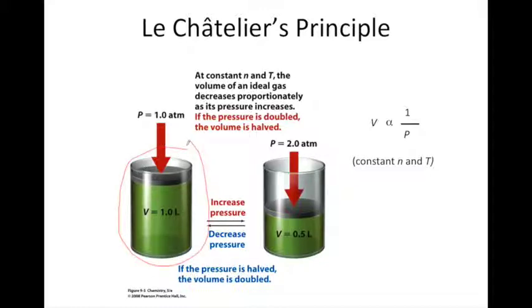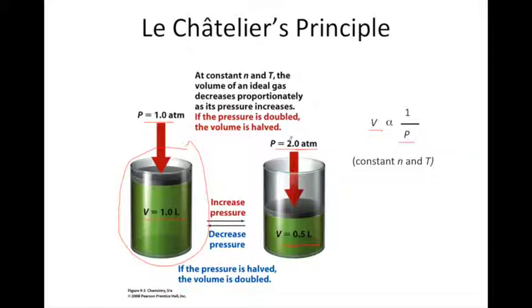that contains gases, and that's very important, it must contain some moles of gases, at a certain pressure and a certain volume. Let's say we change the pressure, let's say we double the pressure. If we increase the pressure, the volume will decrease. So put another way, the volume and the pressure are inversely related.